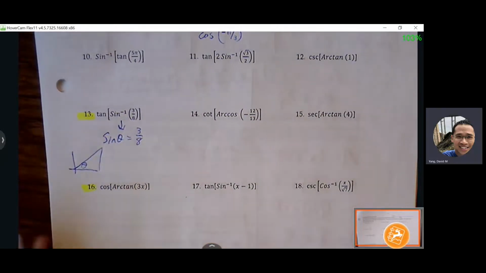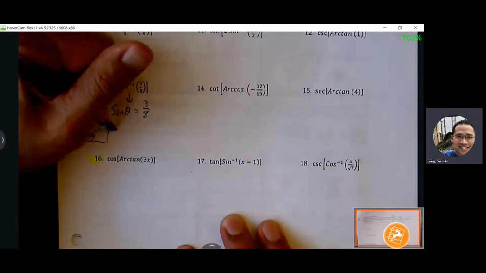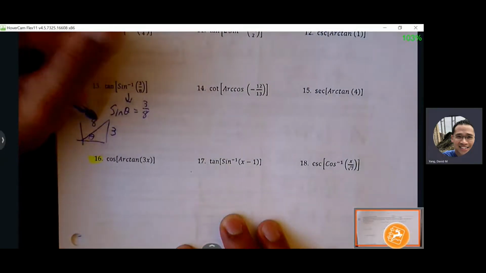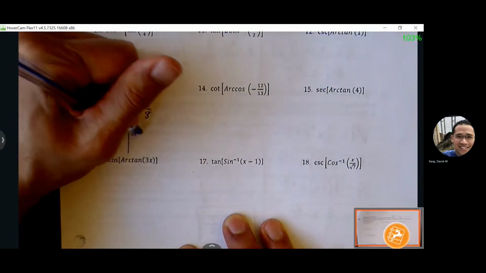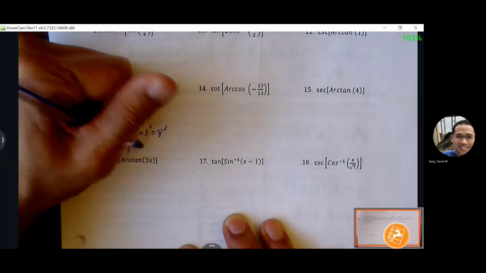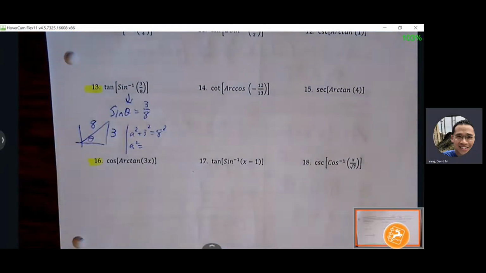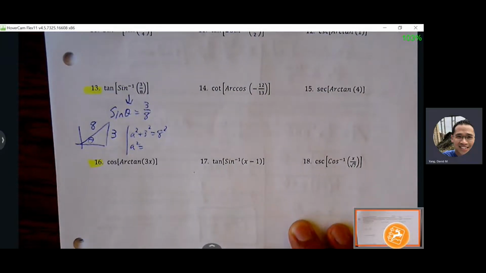Where does the 3 and 8 go? Opposite over hypotenuse. Okay, a squared plus b squared equals c squared. 64 minus 9 is 55.